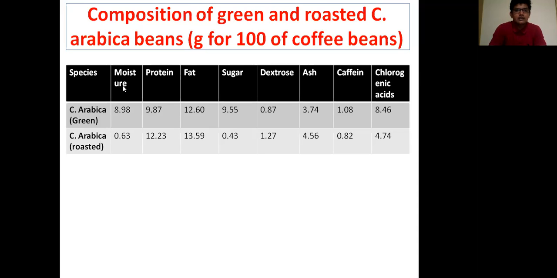So definitely there is a decrease in moisture content or water content because it is roasted. Other parameters like proteins, fat, sugar, dextrose, ash, caffeine, and chlorogenic acid are present in both forms, green as well as roasted. Only there is a change in their percentage.